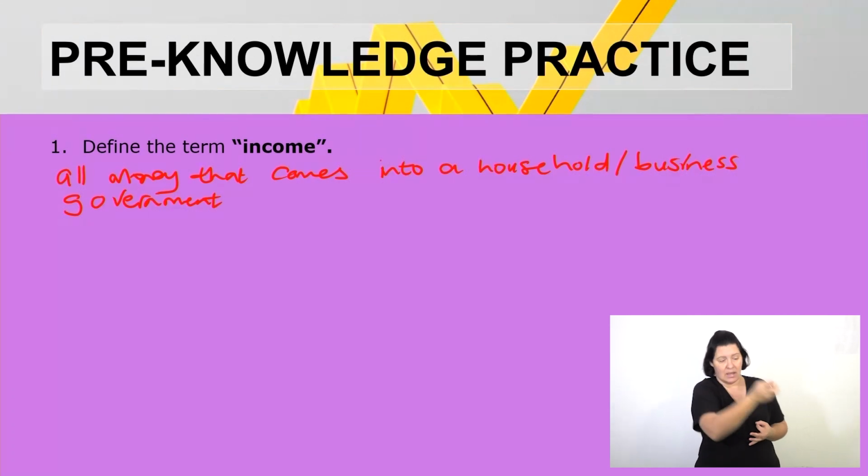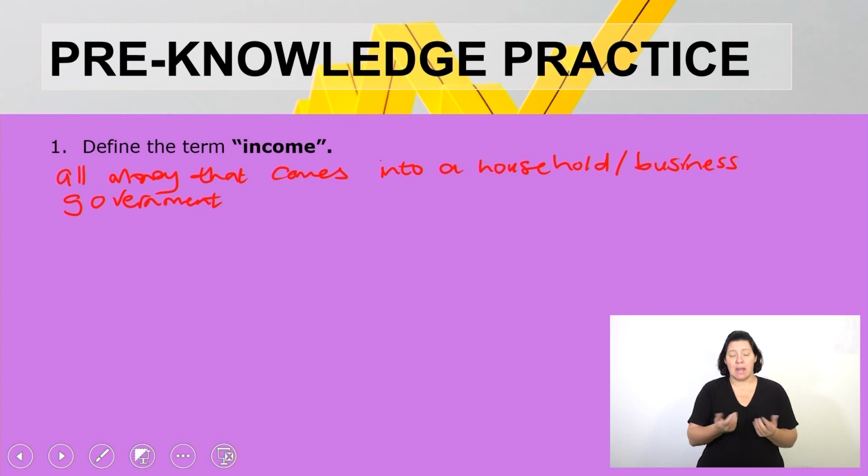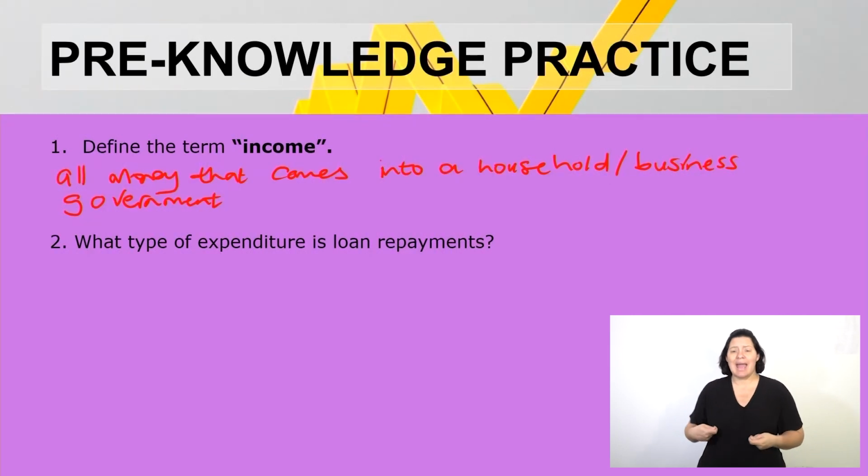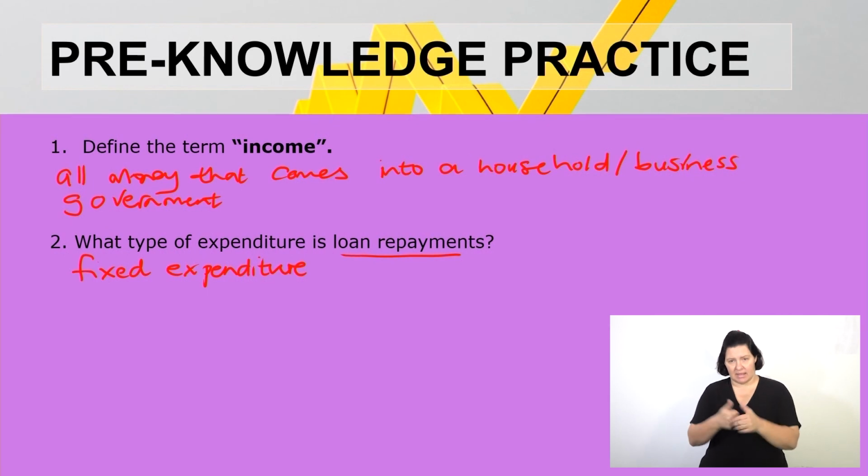So it's all money that comes into a household, a business, or government. All right, so let's look at the next question. Question number 2, we are saying here, what type of expenditure is loan repayments? All right, so loan repayment, that is what we call fixed expenditure, simply because it will be the same amount every month, right? So that is a monthly repayment and therefore it is fixed every month.